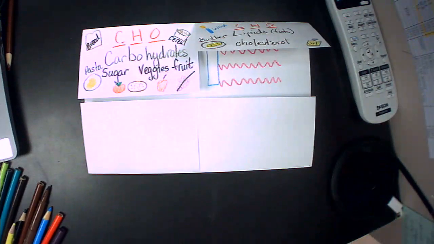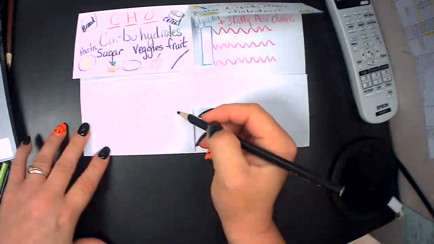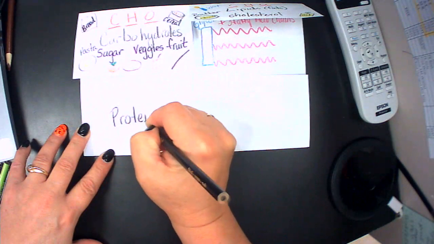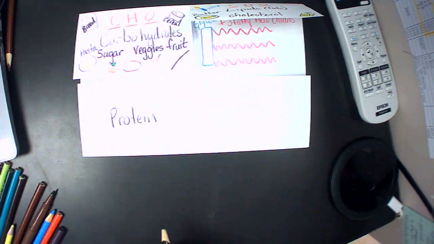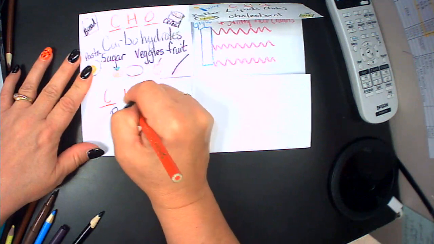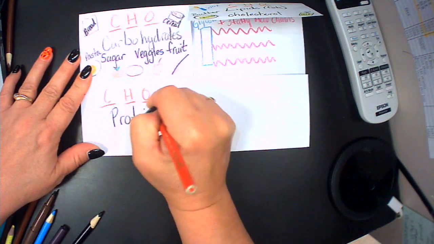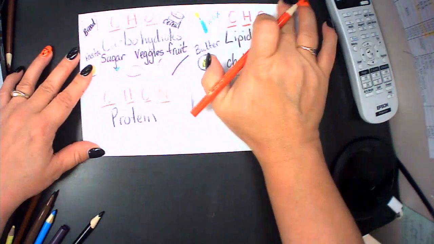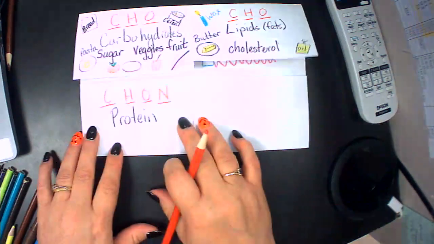All right, our next macromolecule is a protein. And a protein is made up of carbon, hydrogen, oxygen, but now we're adding an atom in the form of nitrogen.